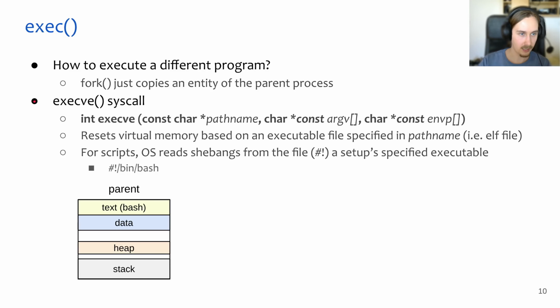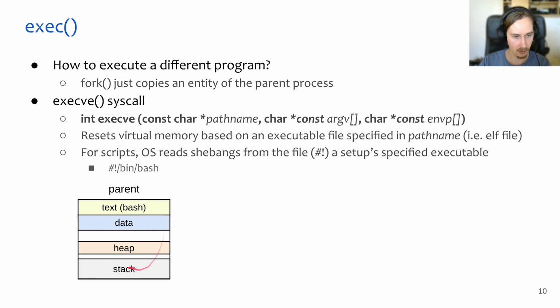And under the hood, again, the syscall used by libcs on Linux is called slightly differently, execve. And yeah, it takes the path name for your executable, the command line arguments, and the environment variables you want to pass.